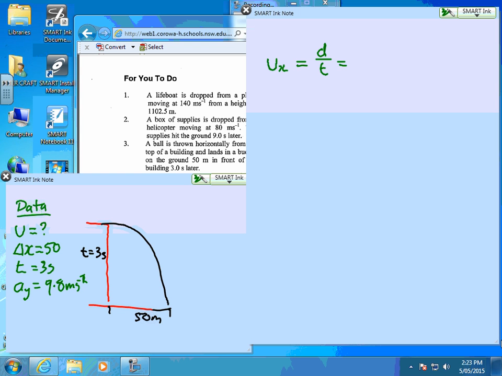Do I have a distance and a time? So I know I went 50 metres in 3 seconds. So I now have a speed, which will be 16.6, I think.